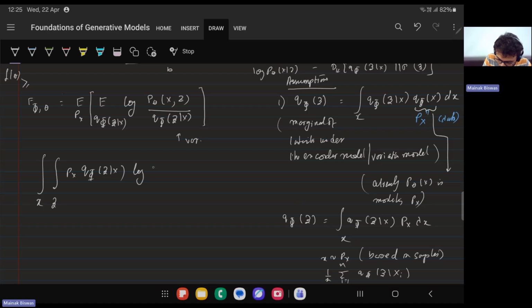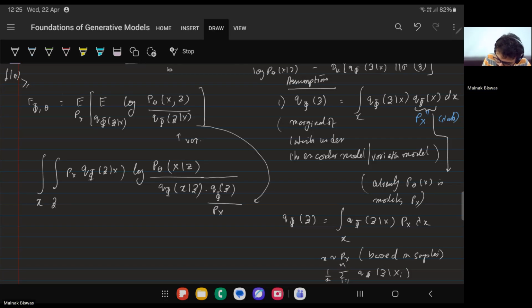And I have log of p theta of x given z by q phi of x given z into q phi of z by p of x. I'm just using Bayes rule. I'm making x and z conditioning on z and getting the posterior on x. The numerator term just becomes p theta of z, right? Because I'm just using conditional probabilities there.